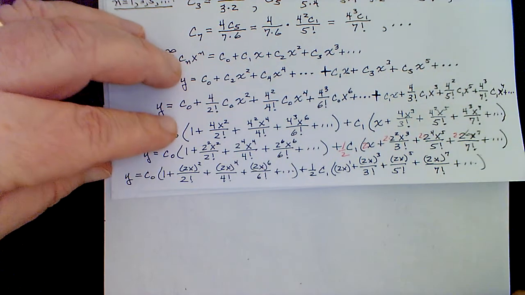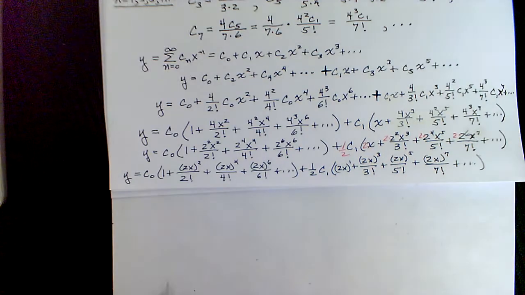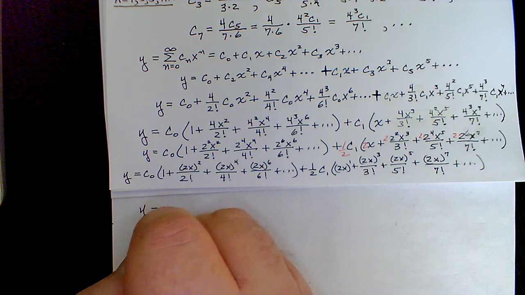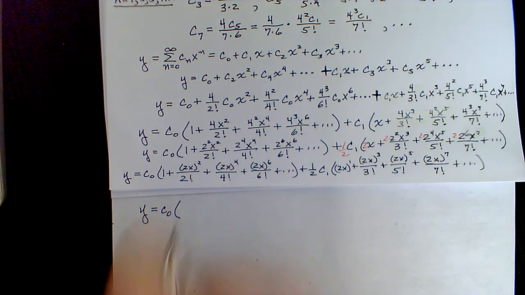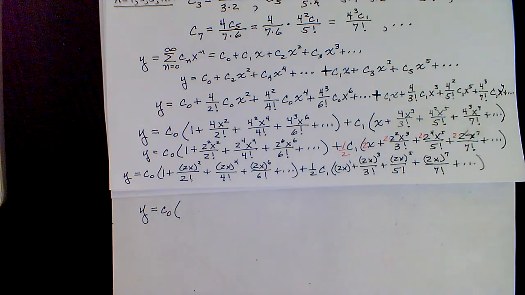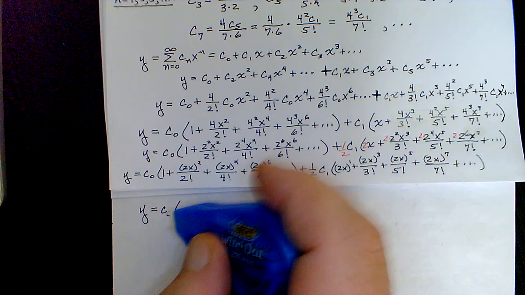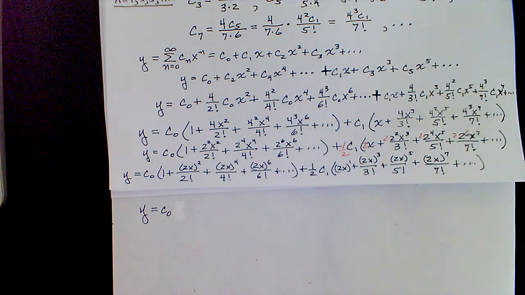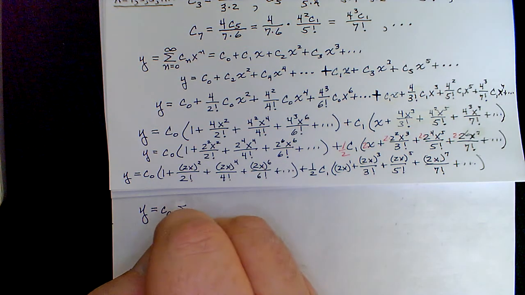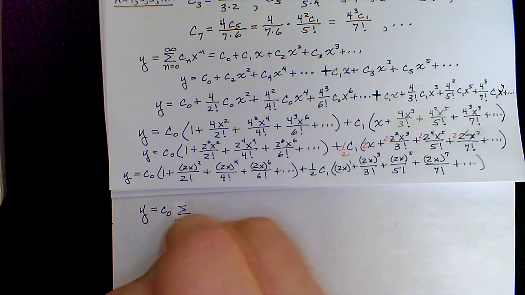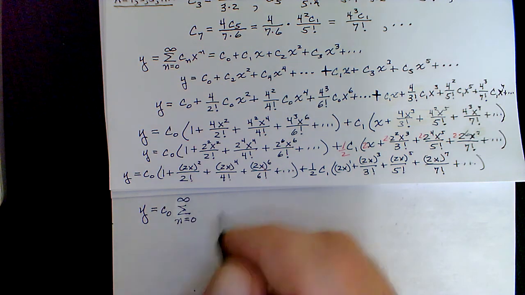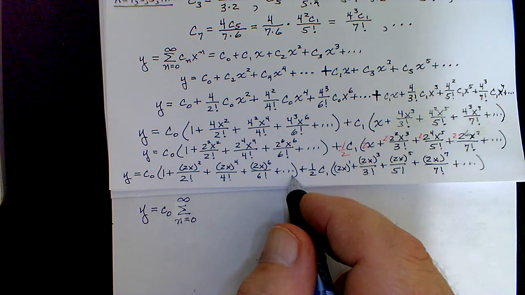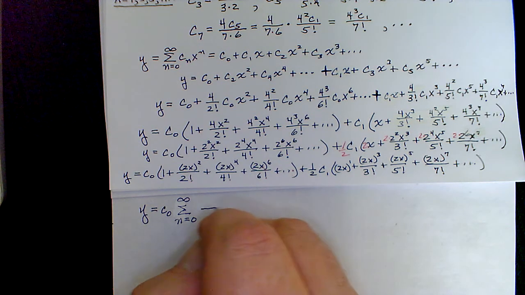So extending this, we get that y is equal to c sub 0 times, then we could express this as an infinite sum. And it's the sum as n goes from 0 to infinity of, it looks like definitely a 2n factorial in the denominator.